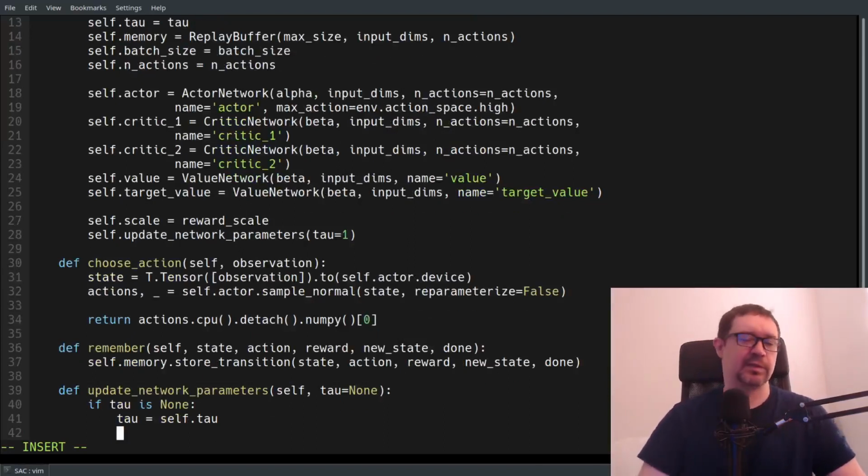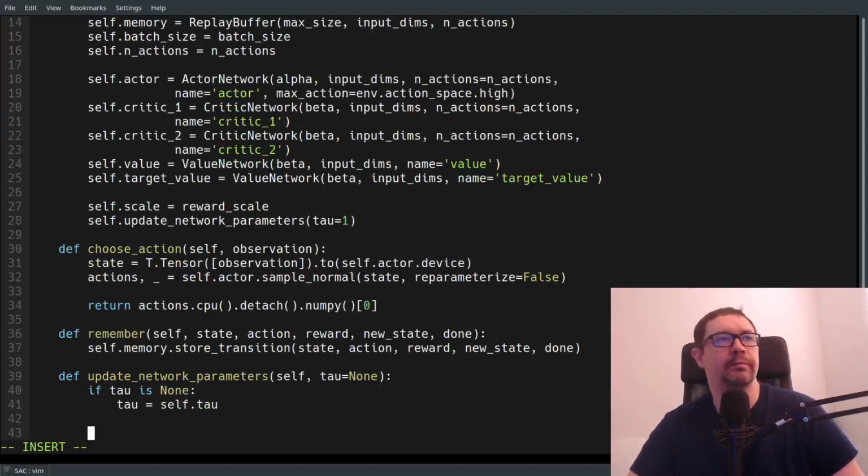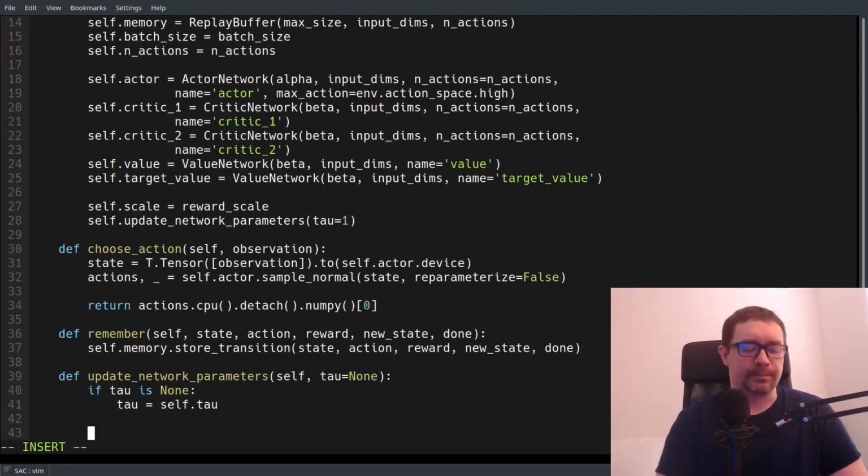And the reason we have to do this is because at the beginning of the simulation, we want to set the values for the target network to an exact copy of the value network. So the target value network should be an exact copy of the value network. But on every other step, we want it to be a soft copy. So I use this mechanism with tau equals none to facilitate that.